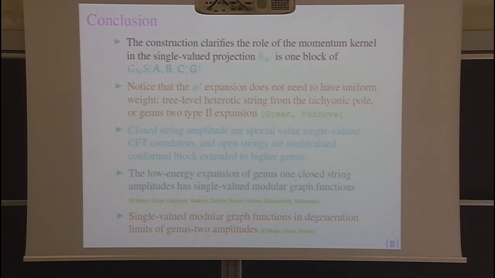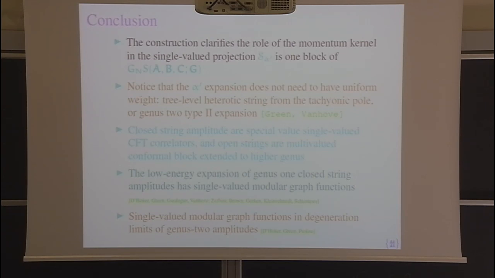Okay, so first, I'm going to answer your question. First, I didn't use a single valued projection. What I did is that I constructed a function. So I never had to refer to the open string. I stayed within closed string theory.